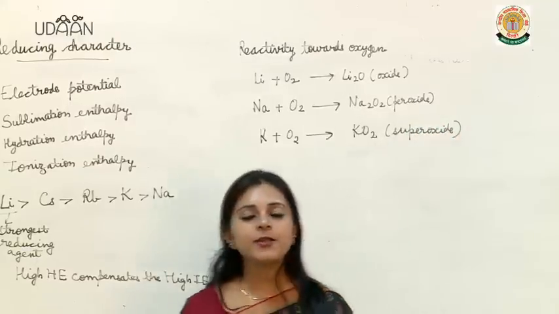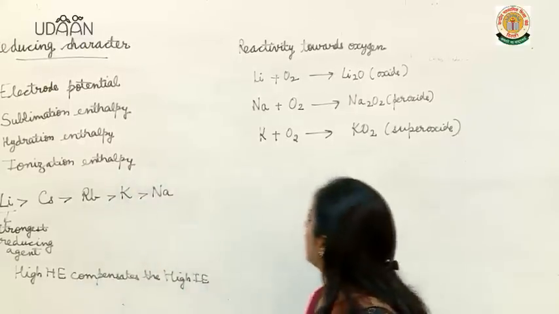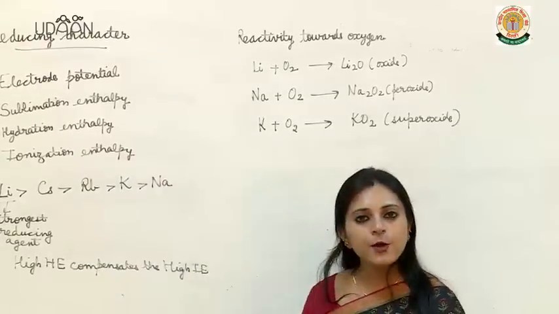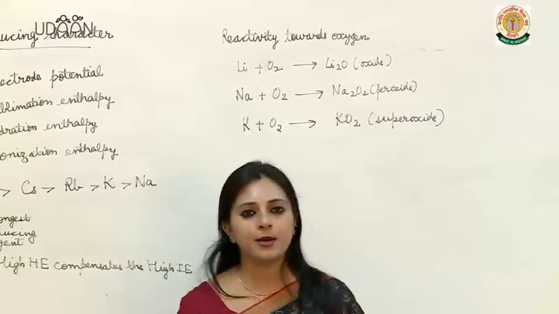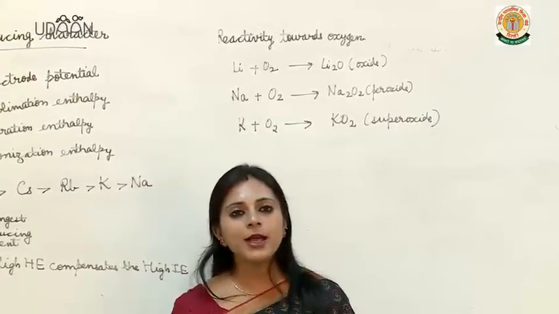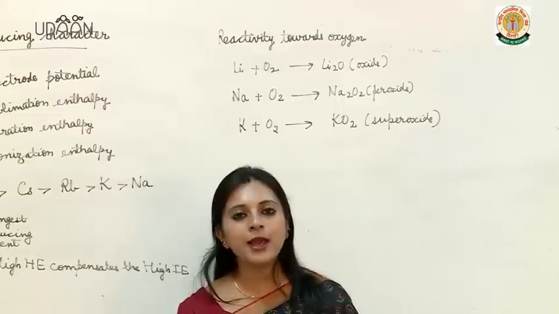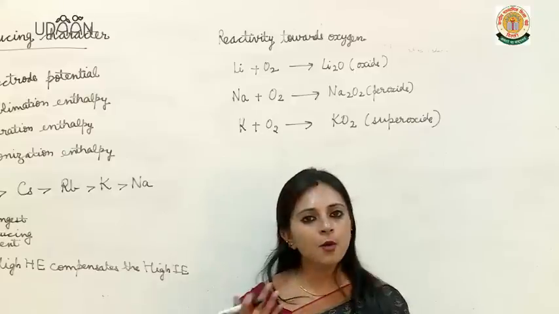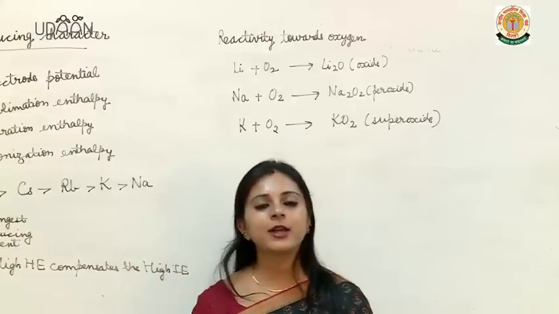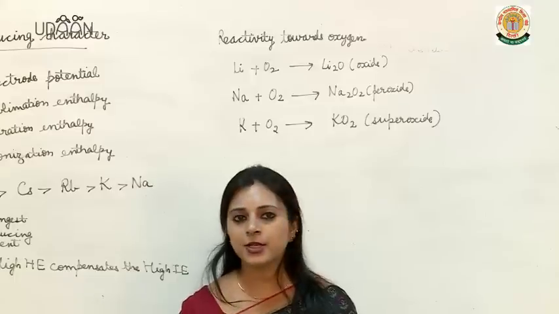Now, why is this happening? Lithium is forming oxide, sodium is forming peroxide, and potassium is forming superoxide. Now we will understand the stabilization by lattice energy, that is, a small cation is stabilized by a small anion and a large cation is stabilized by a large anion.